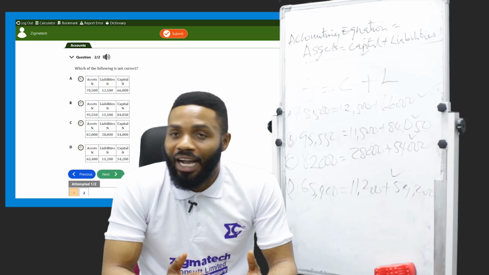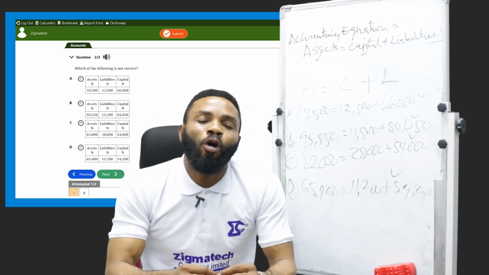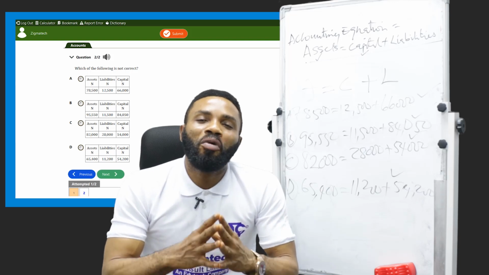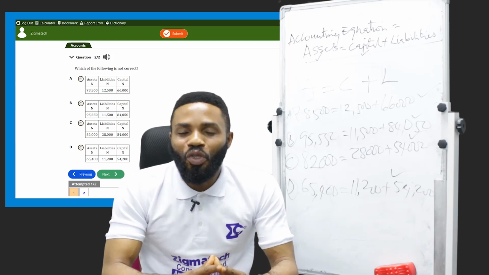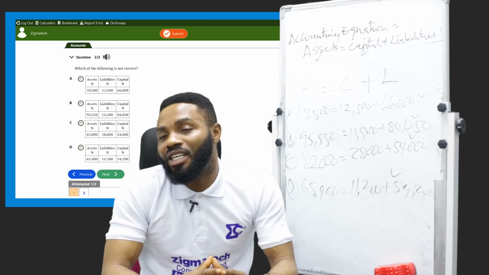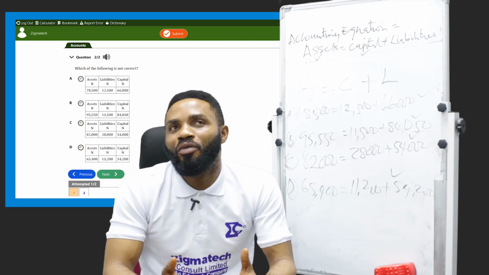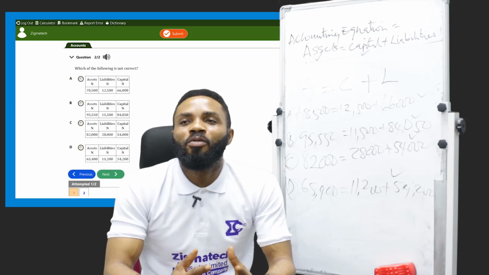They are long-term liabilities. Capital: if you open a business and then you hand over that business to somebody to manage that business for you, you introduce 1 billion into the business as capital. You don't expect that capital to be recovered within 1 year. Maybe it will take 4 or 5 years.